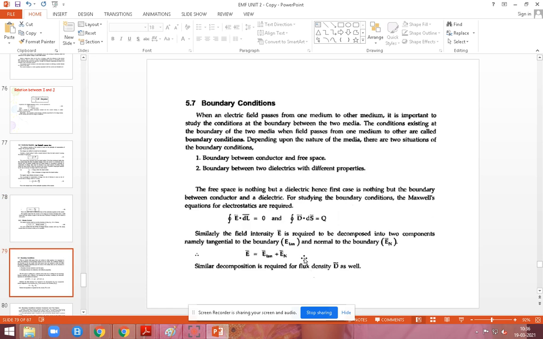Next we are going to see the boundary conditions. Here we are going to apply the boundary between the conductor and free space, as well as between two dielectrics.